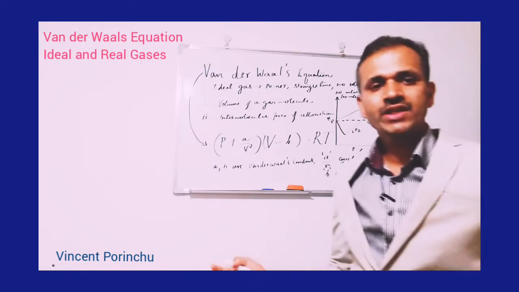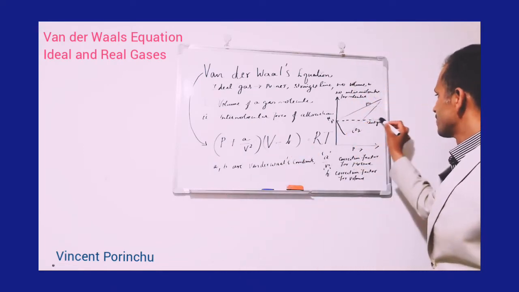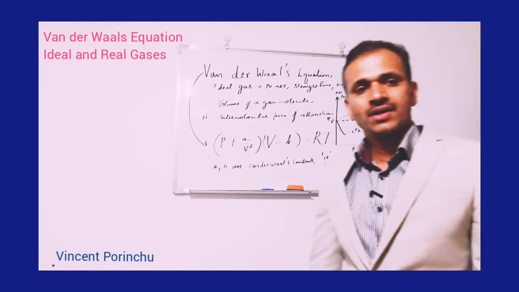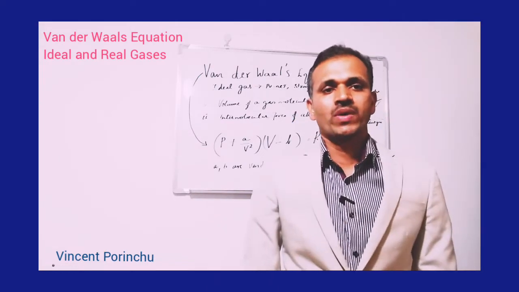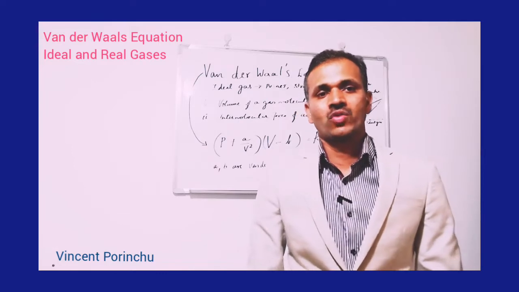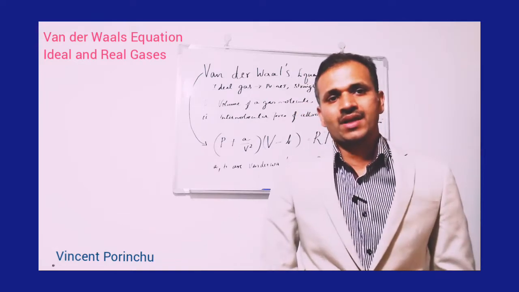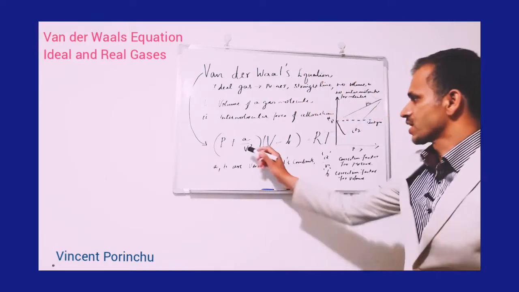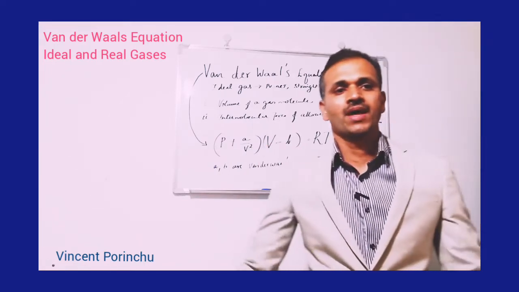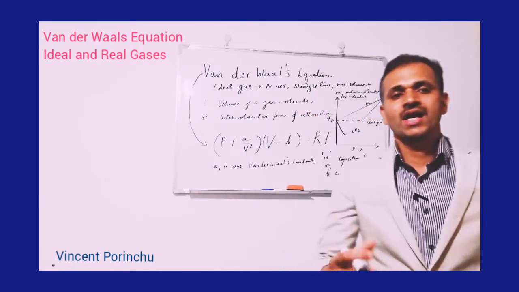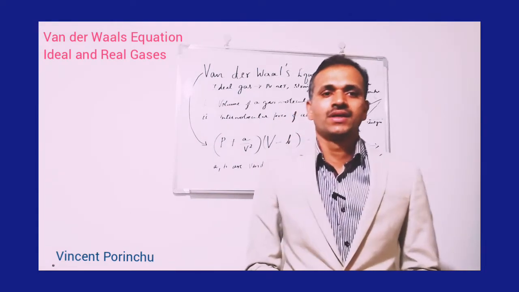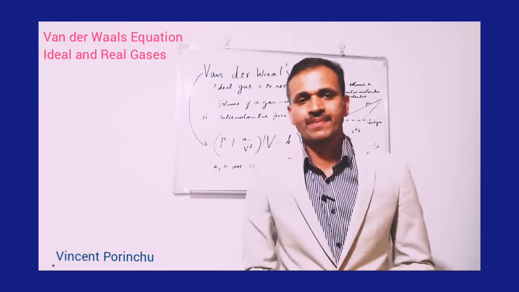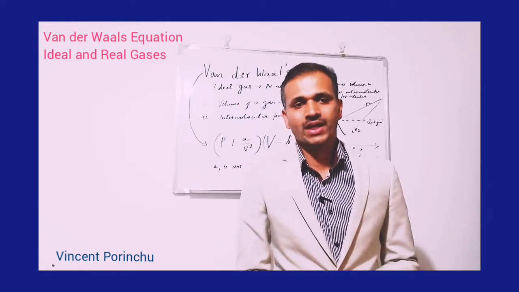So there is a deviation from ideal gas behavior. That's the reason for introducing a new equation for real gases. And the gases which obey this equation, or the gases which don't obey the ideal gas equation, are known as real gases.